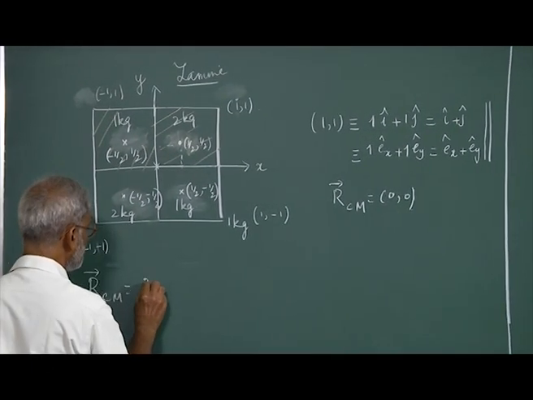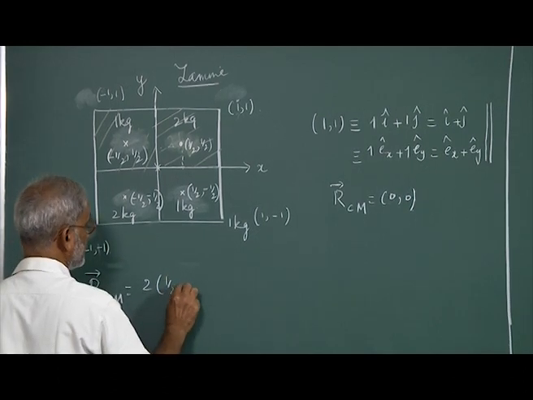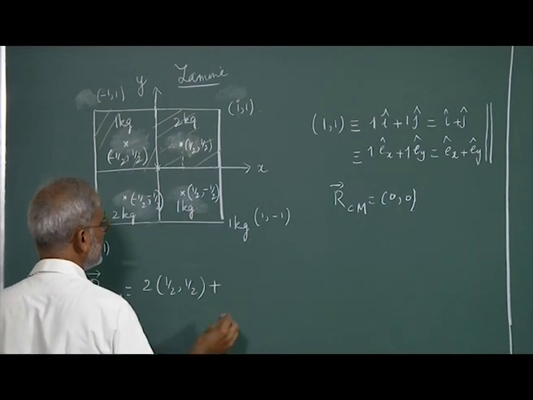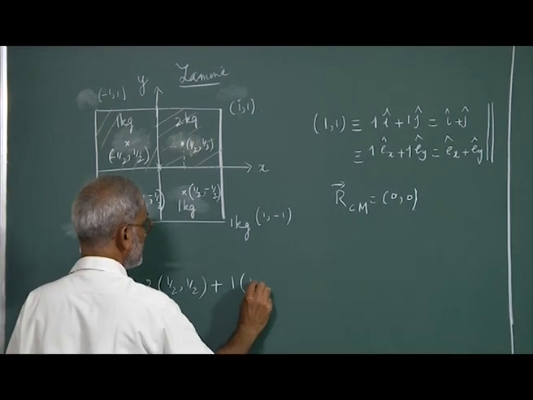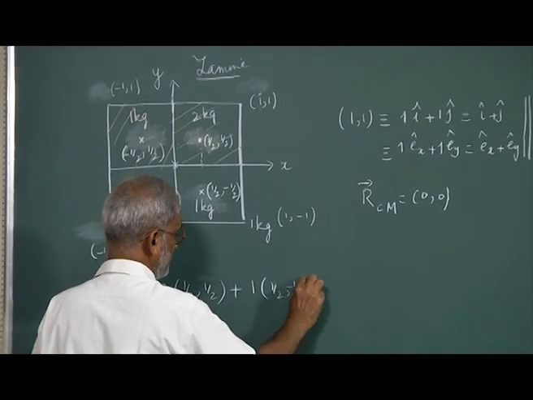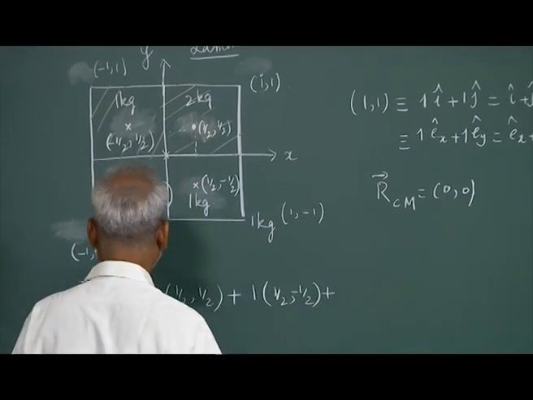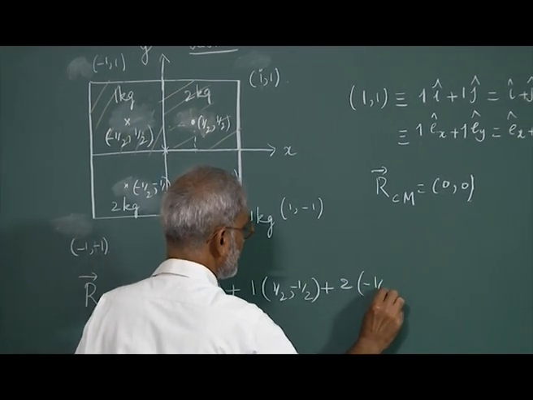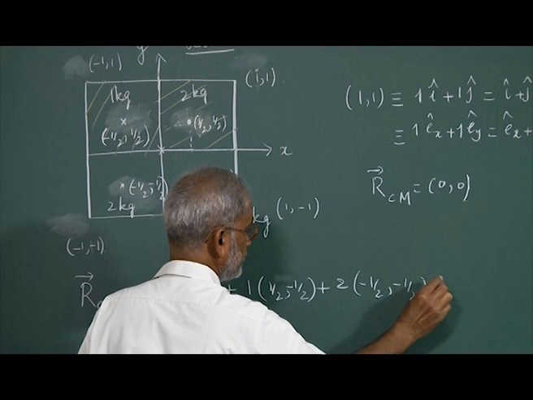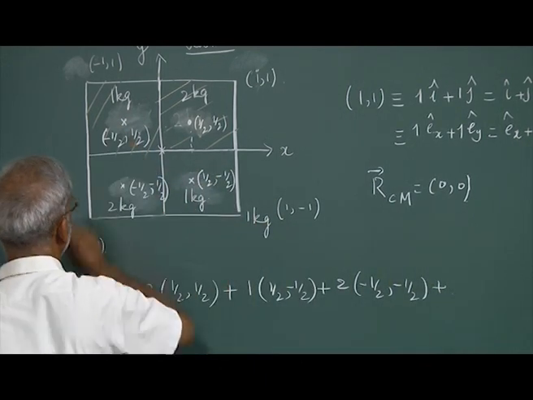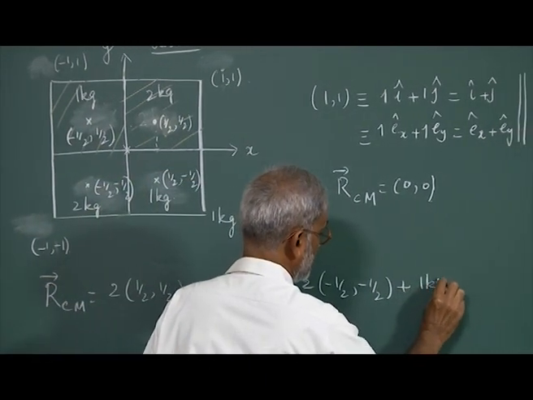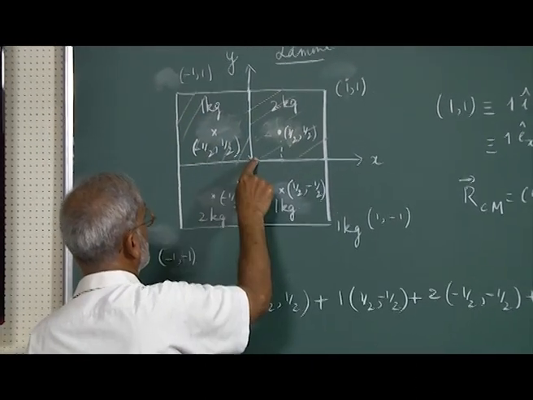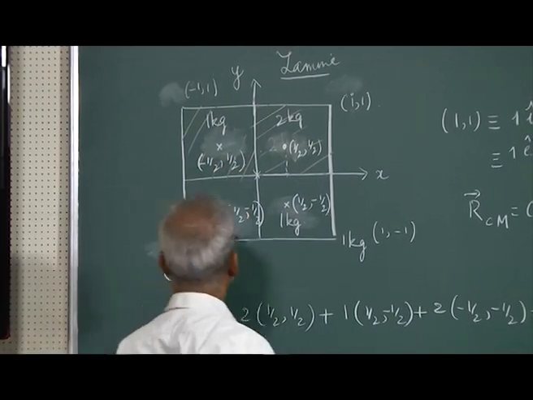So, it will be 2 into half comma half, right, plus we come here, it is 1 kilogram into its location vector, plus here it is 2 kilograms, 2 into minus half comma minus half, plus 1 kilogram, which is placed at the center of this squarish lamina, right.